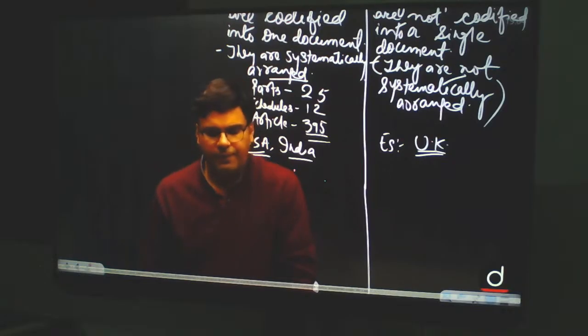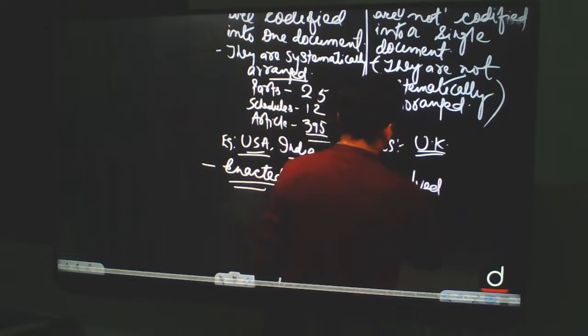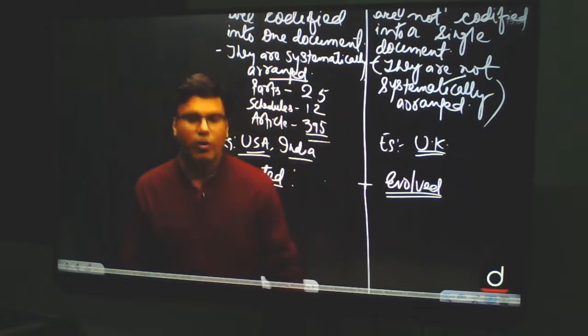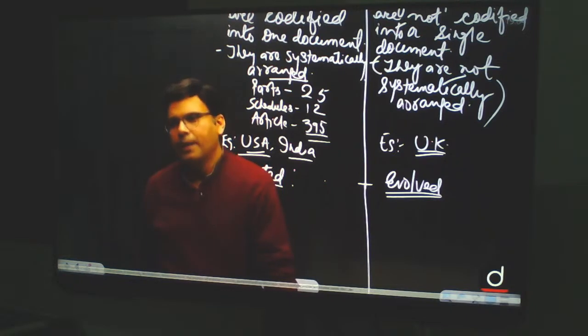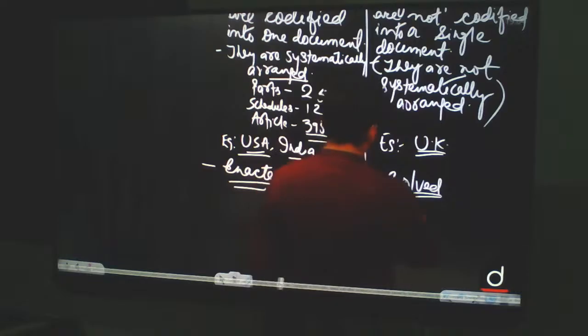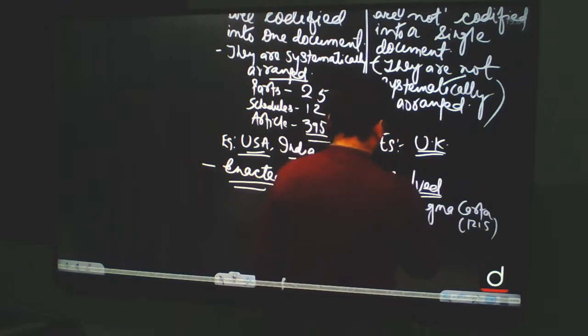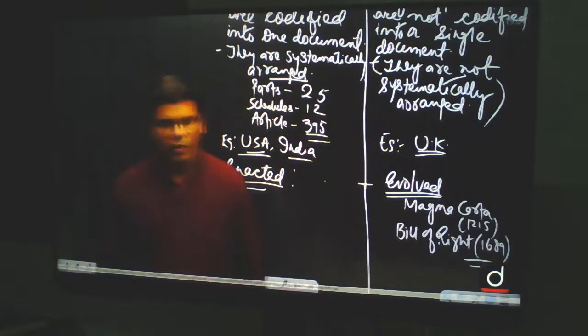अनरिटन की तरफ लिखिए, जैसे इनैक्टेड लिखा तो इस तरफ लिखिए कि ये कॉन्स्टिट्यूशन जो अनरिटन होते हैं, दे आर इवॉल्व्ड. ये इवॉल्व डॉक्यूमेंट होता है. These are evolved. It evolved from multiple sources like Magna Carta 1215, Bill of Rights 1689.